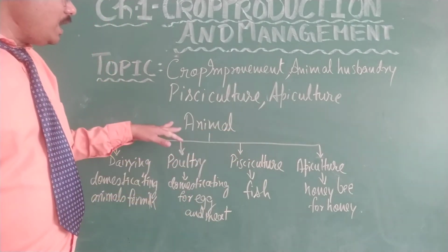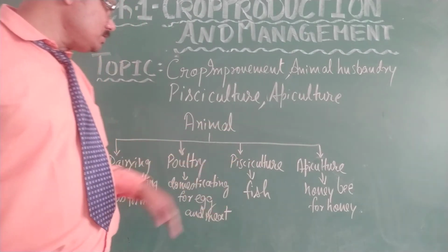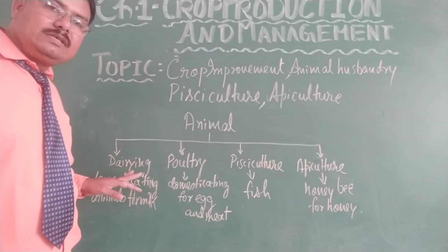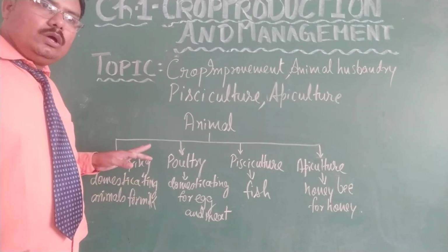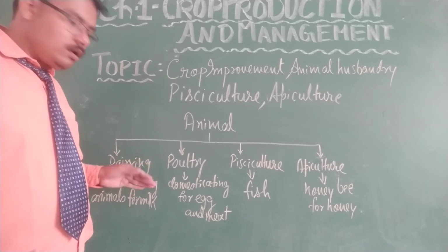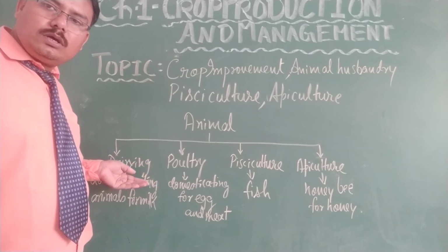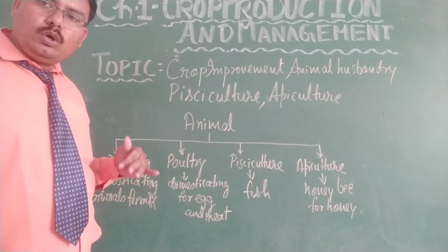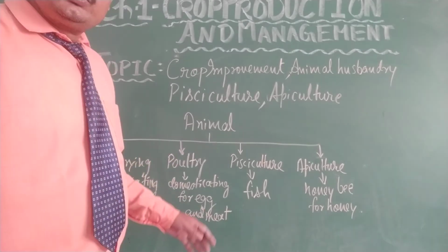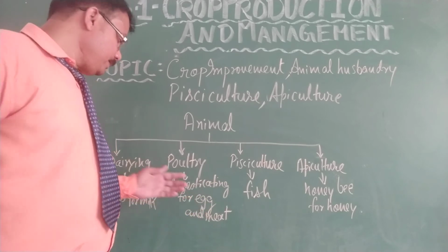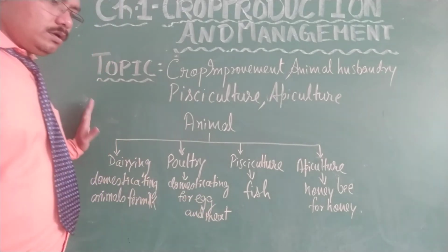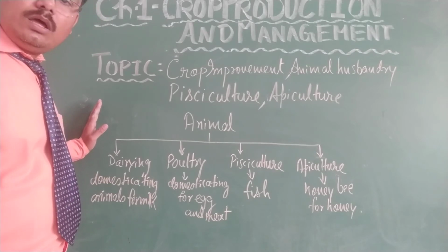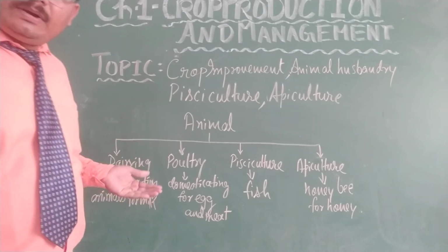Under animal husbandry, there are many branches, such as dairying. What is dairying? Dairying means taming cows, buffaloes and goats for human requirements.